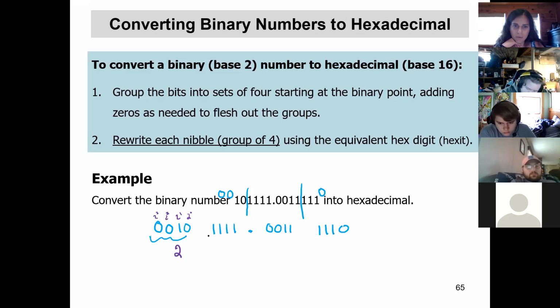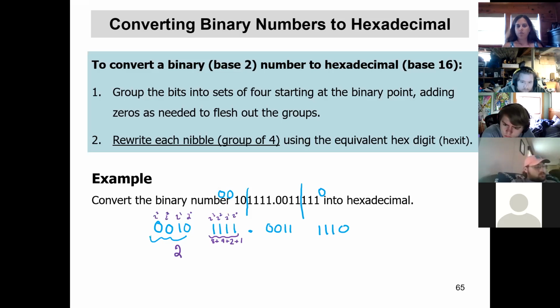This next group, again, 2 to the 0, 2 to the first, 2 to the second, 2 to the third. So this is going to be 8, because you have one of those, 2 to the third is 8. So we have 8 plus 4 plus 2 plus 1. That's really tiny, huh? 8 plus 4 plus 2 plus 1 is what I have written down there.